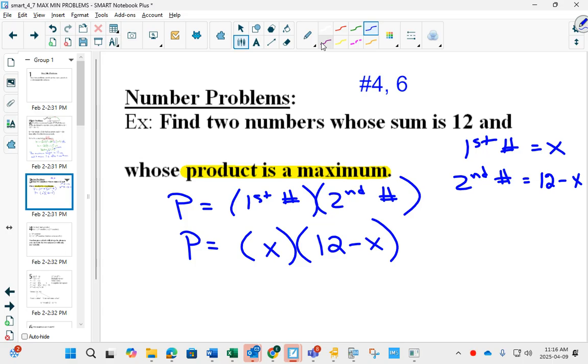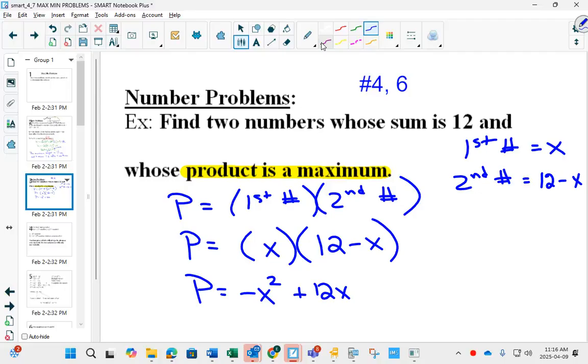If we distribute this, do you see that you're going to get a parabola? x times the minus x, I'm going to write that first, minus x squared, x times the 12 will be plus 12x. It's a parabola that opens down, which makes its vertex a maximum.